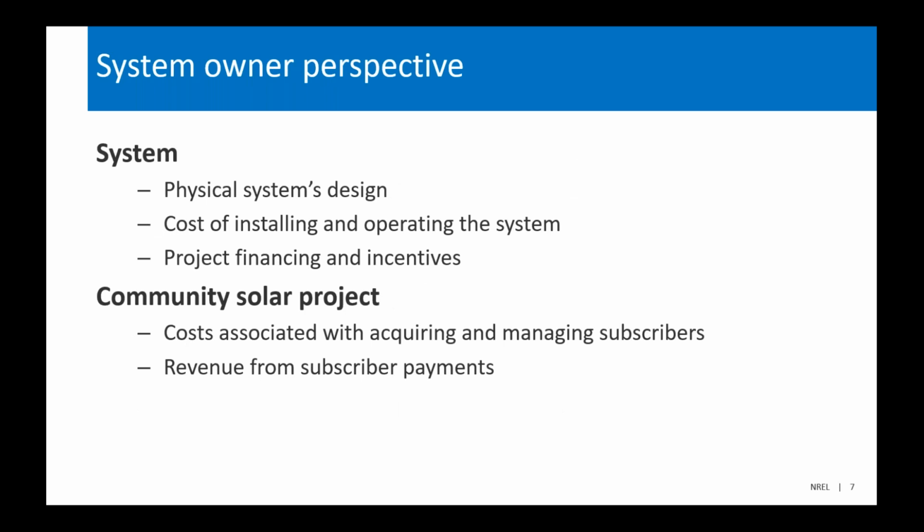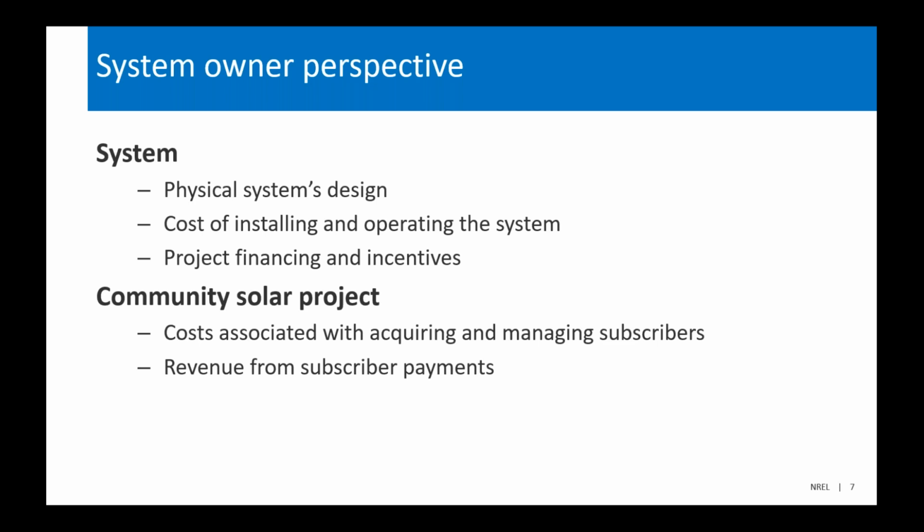So the system owner perspective involves the solar power system's design, project costs and financing, and the community solar project costs and revenue. So the system is the design of the system, so things like its location and size, the orientation of the PV array, shading, and other aspects of the physical system.